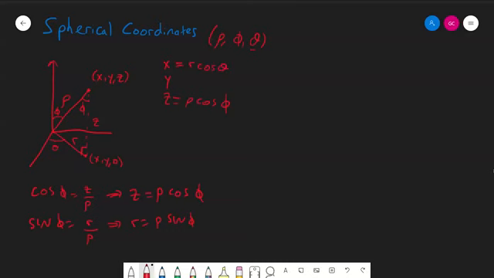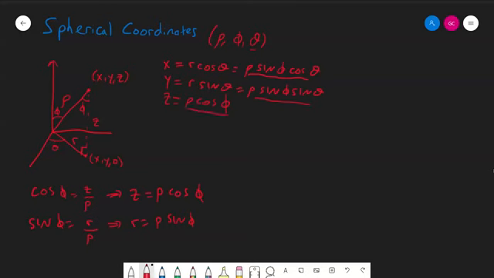And so since r is itself rho times sine of phi, you can think of x as being rho times sine of phi times cosine of theta. And in the same way, y is r times sine of theta, so rho sine phi sine theta.